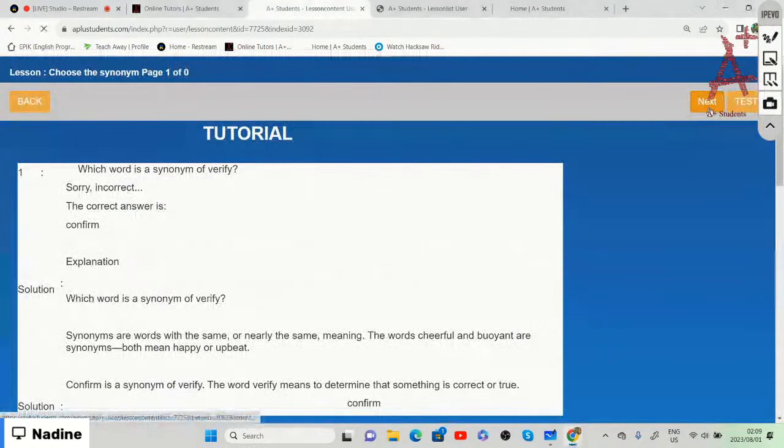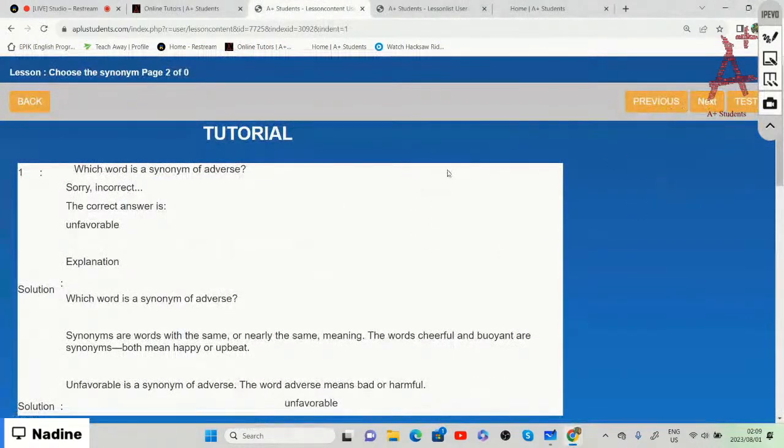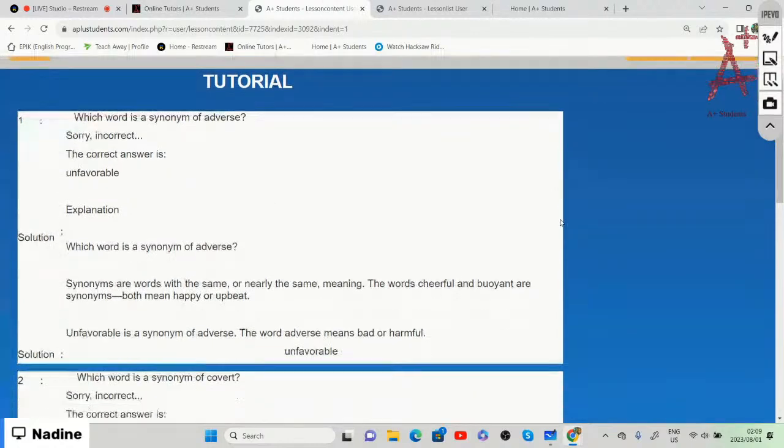All right, let's go to the next one. Which word is a synonym of adverse? The word that is the same or nearly the same as adverse is unfavorable.